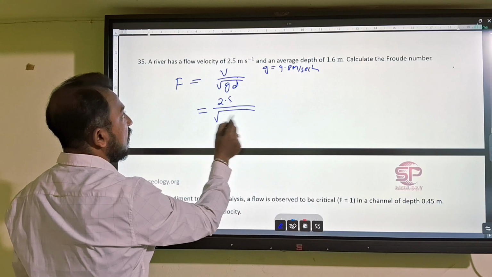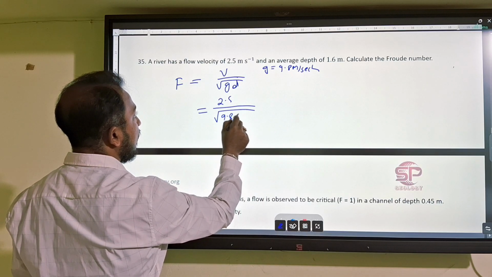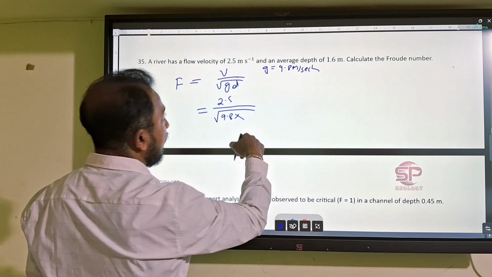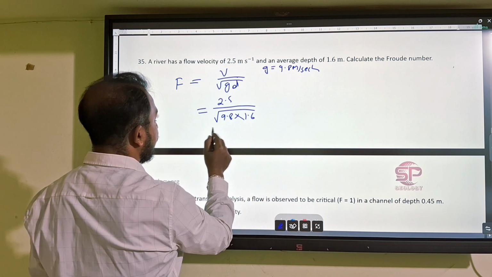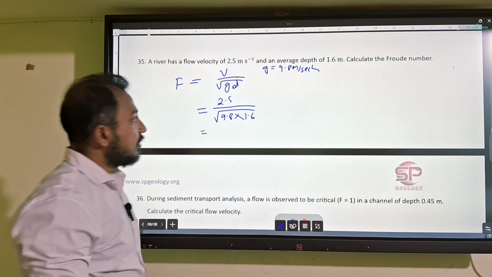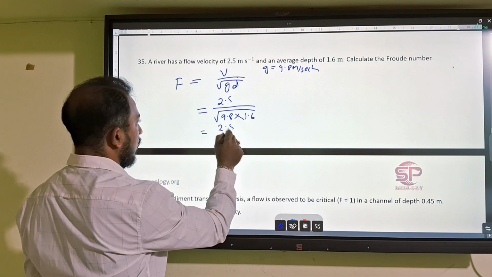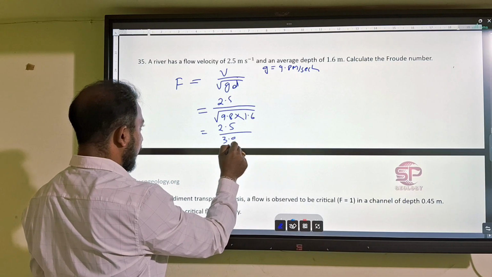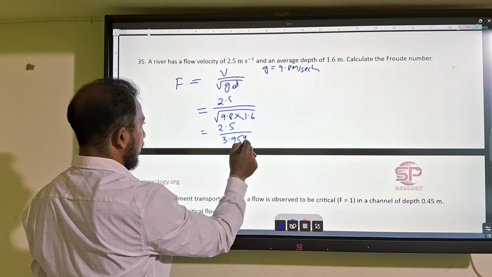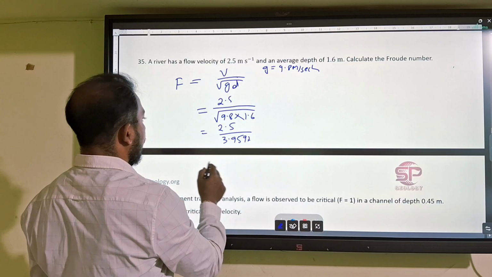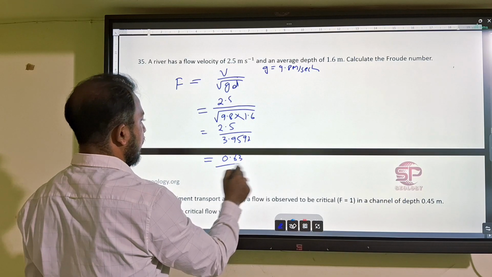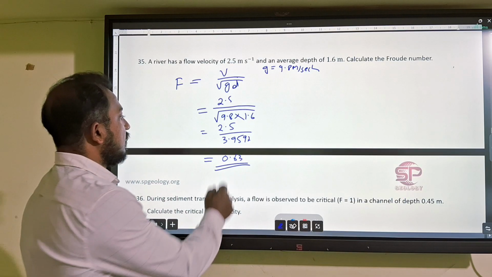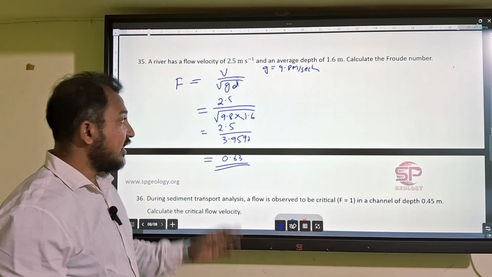So root over of 9.8 into D, which is given as 1.6. This will be 3.95, and 2.5 divided by 3.95 is 0.63. So the answer will be 0.63.